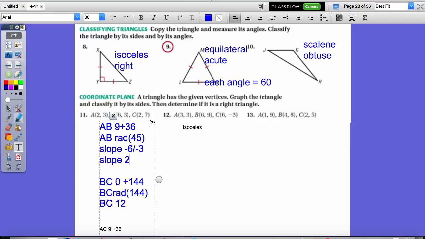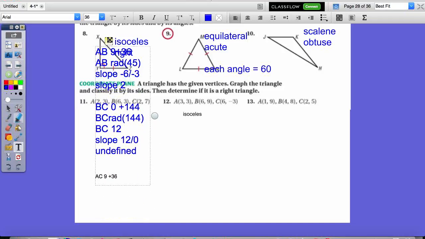Negative 6 divided by negative 3 is positive 2. For BC, for the slope, 9 plus 3, because 9 minus negative 3 is 9 plus 3, is 12. 6 minus 6 is 0. So our slope is undefined.